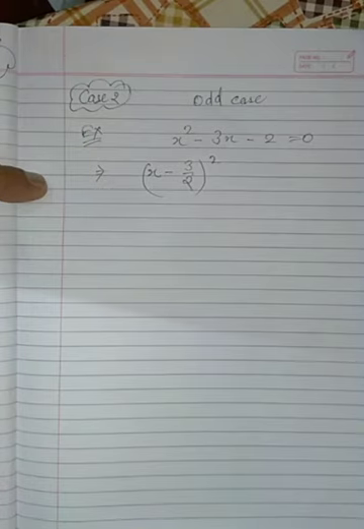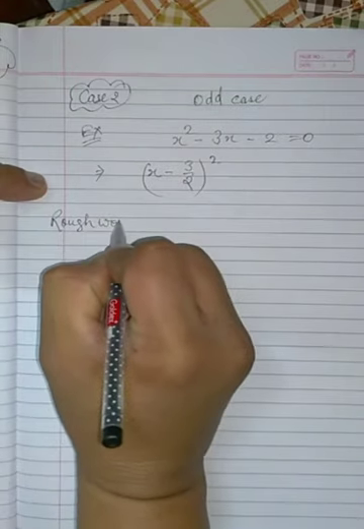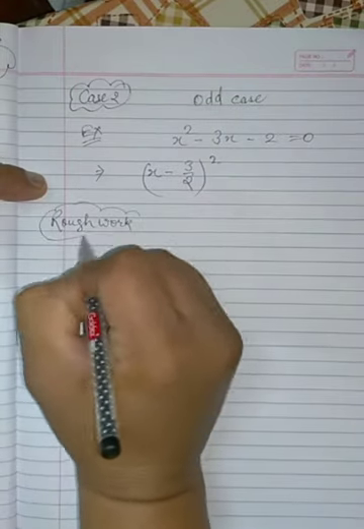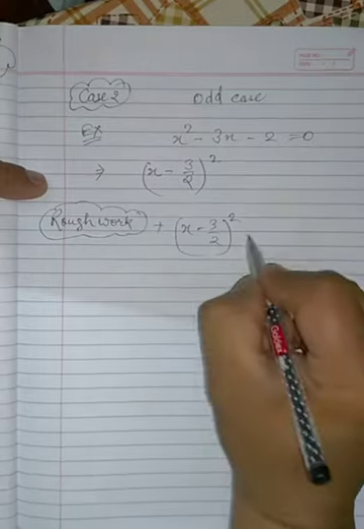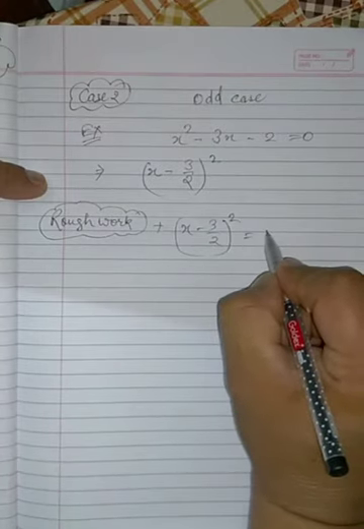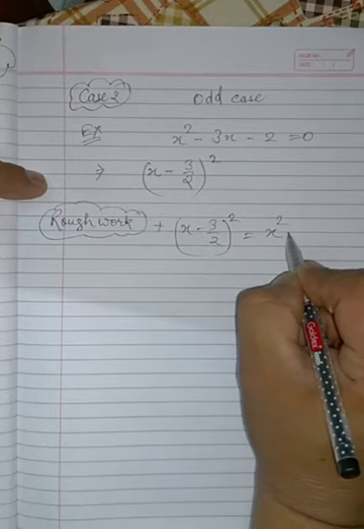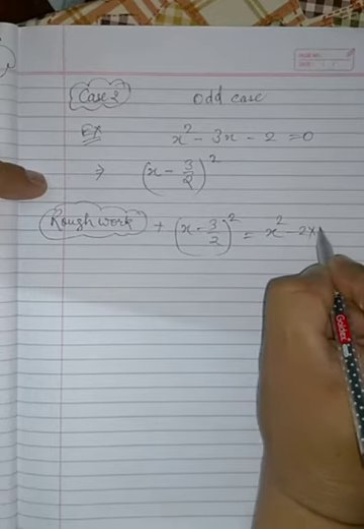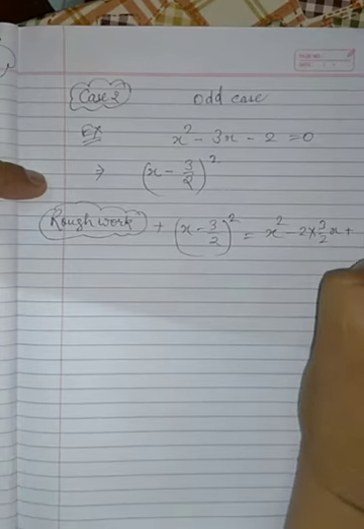Okay. Now again in rough work, we will check that when we expand this x minus 3 by 2 the whole square, what we get. So x square minus 2 into 3 by 2 into x plus 9 by 4.